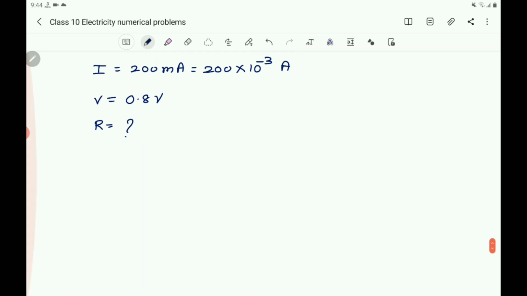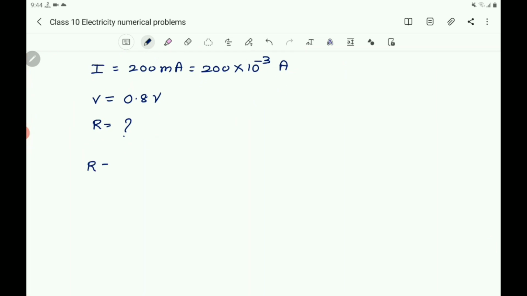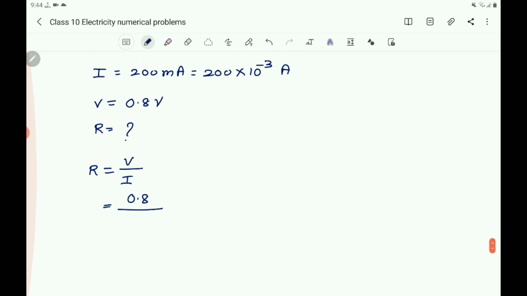Then you write the formula for R, that is, according to Ohm's law, R equals V by I, that equals V is 0.8 and I is 200 into 10 power minus 3.